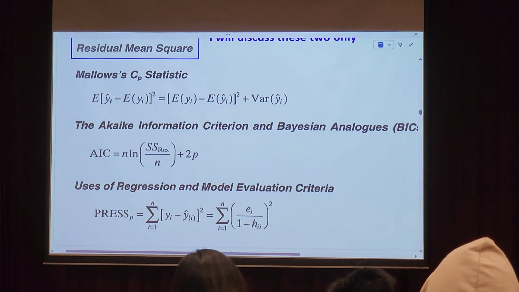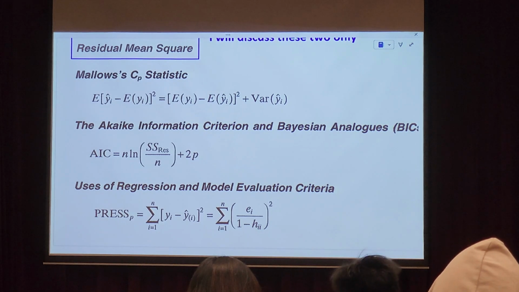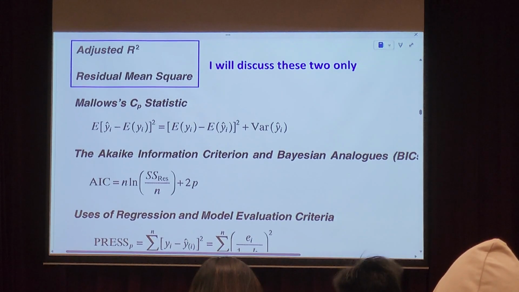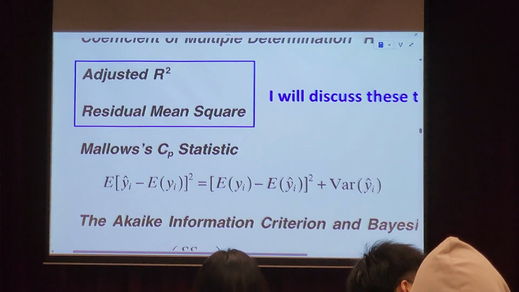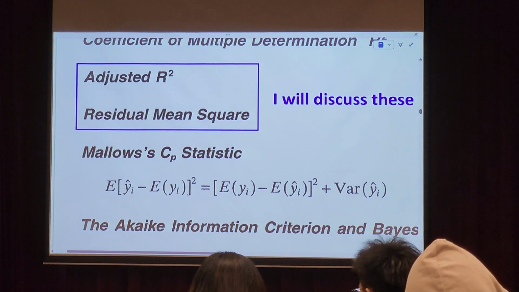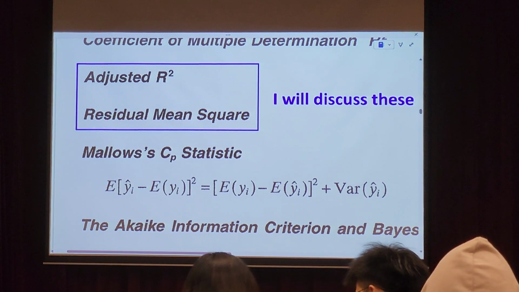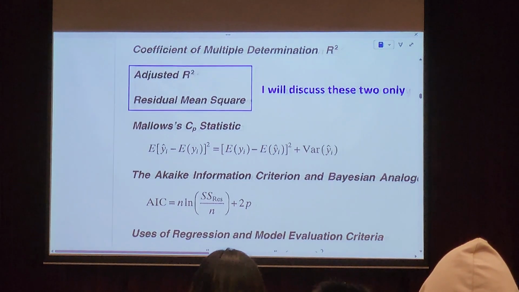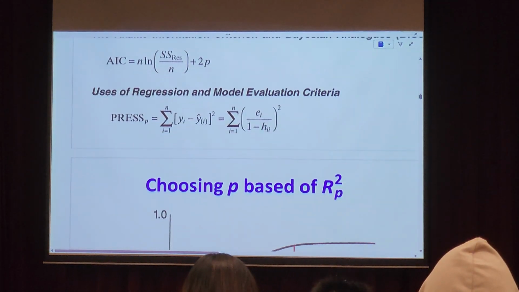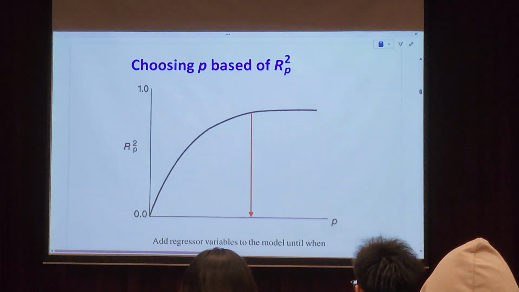Some are, like PRESS, we know what it is. Mallows' Cp statistic, I may not even have discussed, or AIC. But they are similar in some way. But I'm going to just use adjusted R squared and residue mean square for illustration. So the idea is the same, whether you use the others or not.